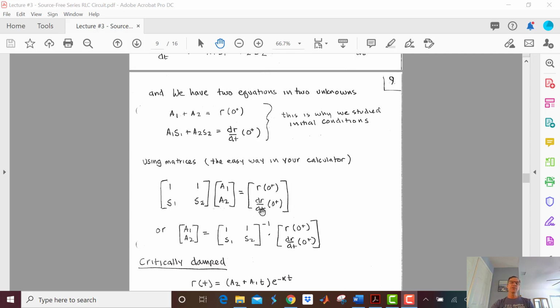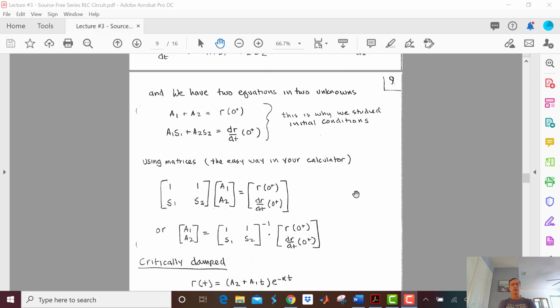The way I solve these is with matrices. I know you can solve for one in terms of the other and solve them that way, but that takes way too much time in an EE 310 exam.